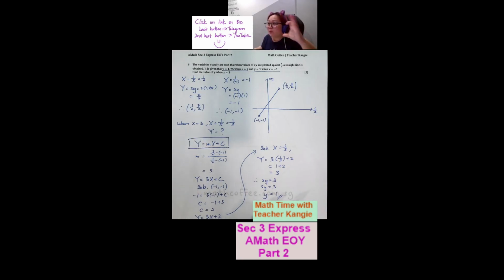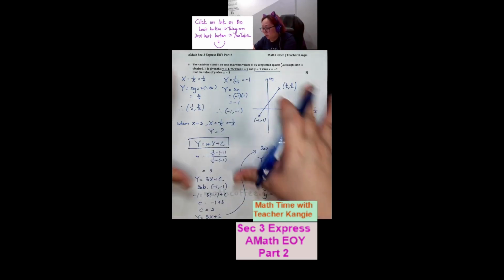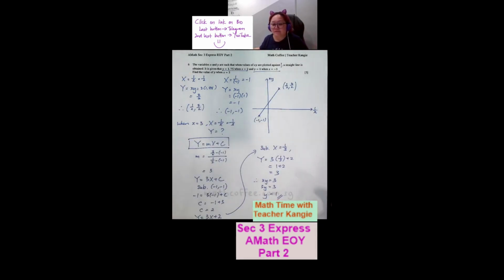Big Y means big Y. It must be very clear. Once you are neat in writing out the big X and big Y, it's actually not tough at all, and 5 marks will be inside your pocket.